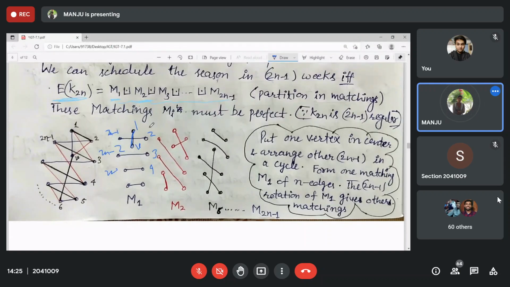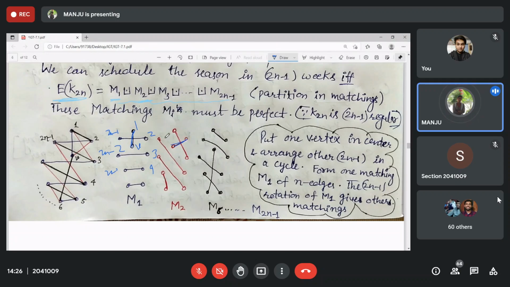Finally, for the next color, this is one coloring. All edges form the matching. That's why we can use the same color. Okay. For the next, you just rotate by one vertex. Now the next color will be this one.